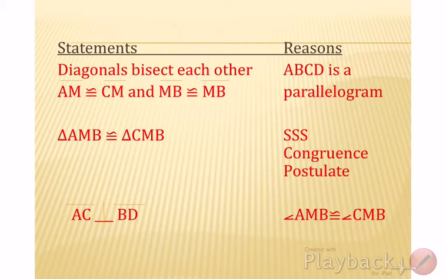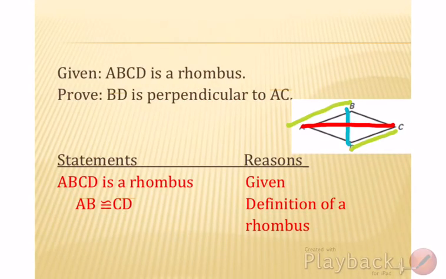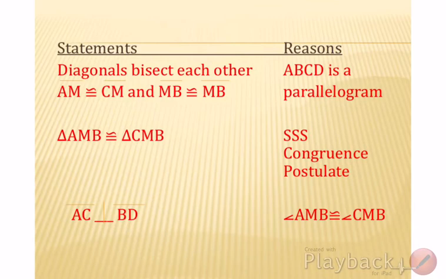So the distance from A to M, we're going to mark M as being the point in the middle. From A to the midpoint is congruent to C to the midpoint, and from the midpoint to B is congruent from the midpoint to B.